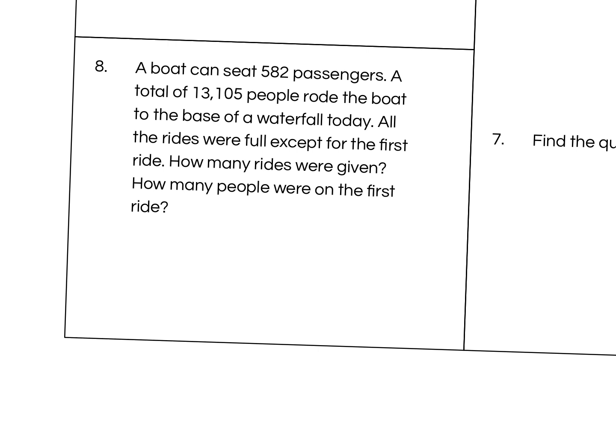So I want to take my total number of people, which is 13,105, and divide it by the number of passengers a boat can hold at one time. So I'm going to be dividing by 582. How many groups? Now, we can estimate to make it easier.